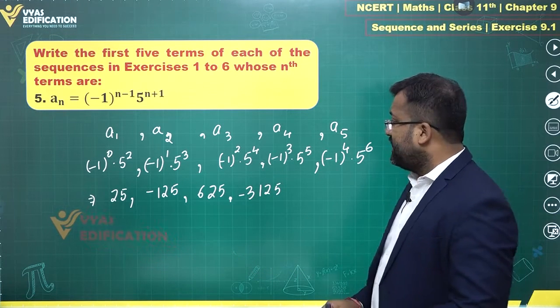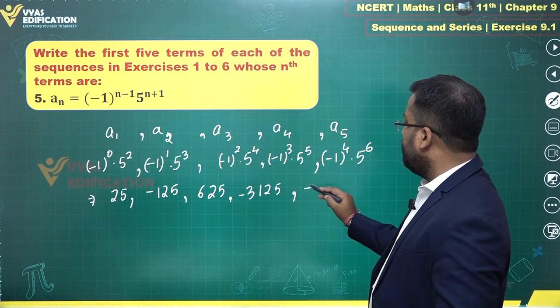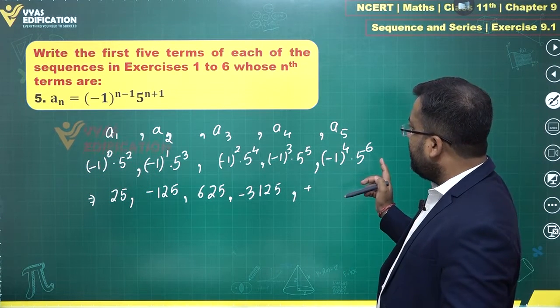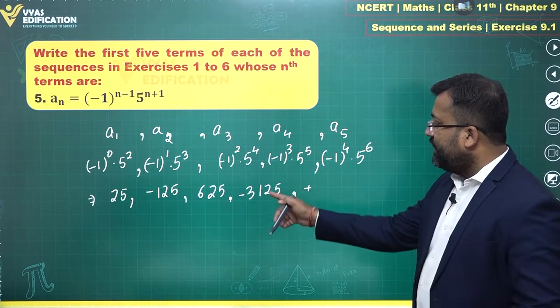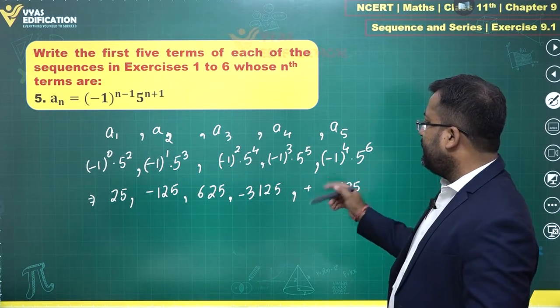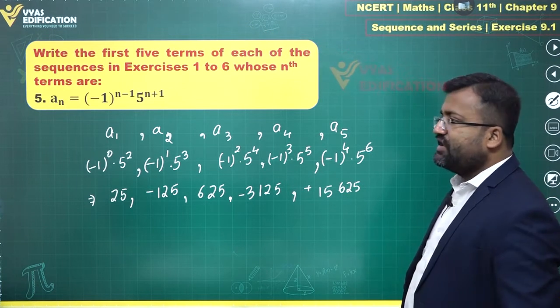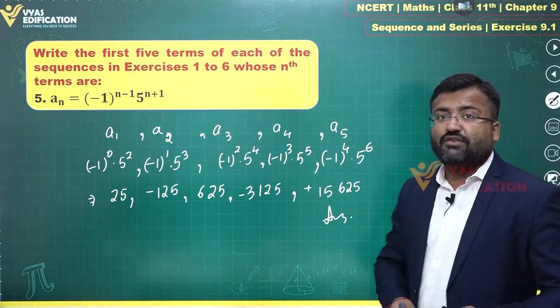Then minus 1 power 4 will be plus, and 5 power 6 will be this multiplied by 5. Now what is that? 625 multiplied by 5 is 3125, and 3125 times 5 is 15625. That's the correct answer, and those are the first 5 terms of this series.